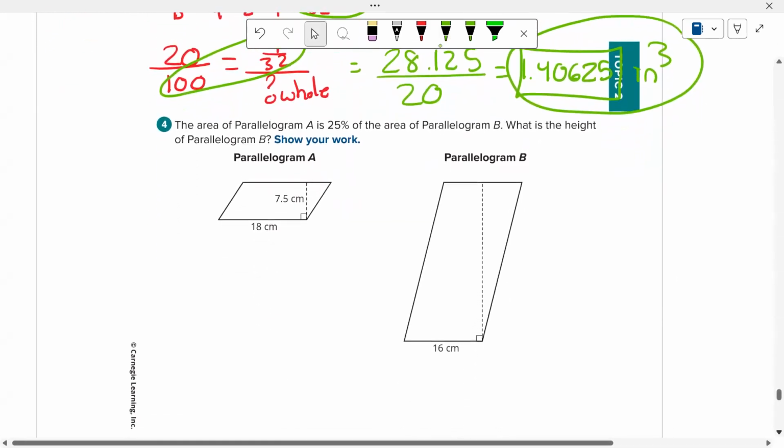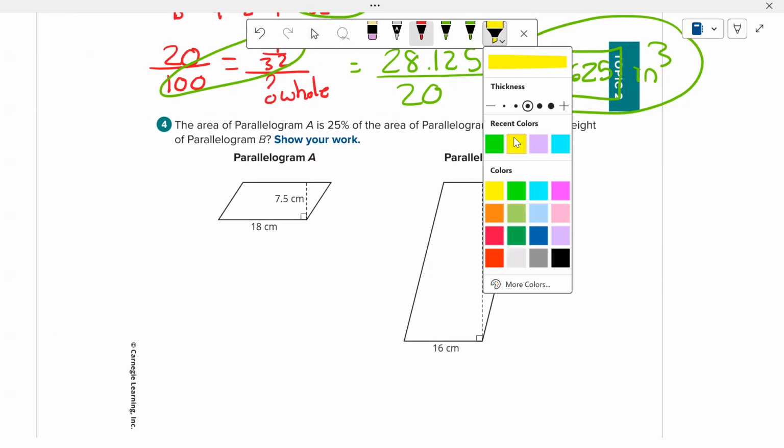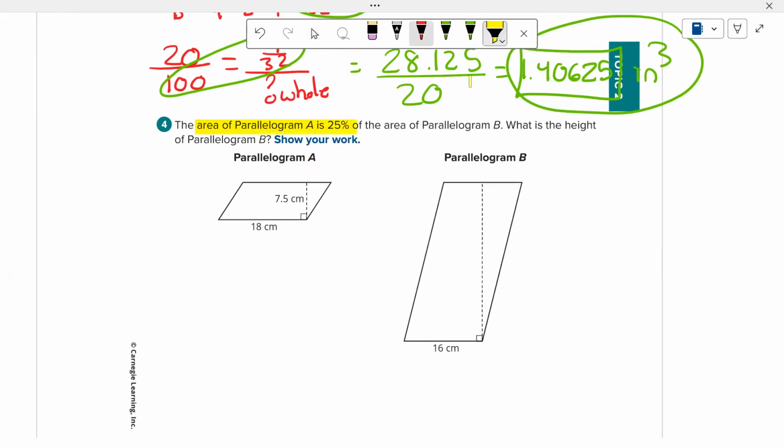Last problem. The area of parallelogram A is 25% of the area of parallelogram B. What is the height of parallelogram B? So they want to know the height. So they're looking for this height.